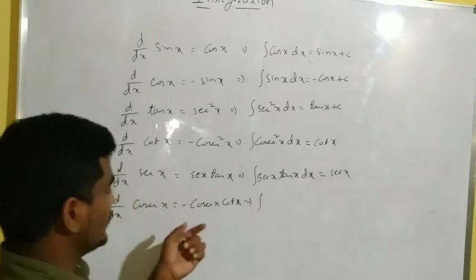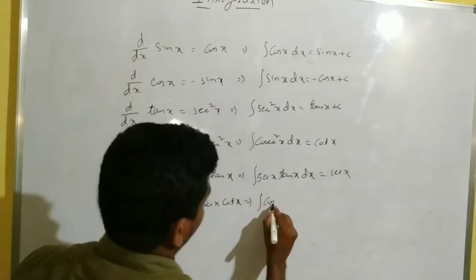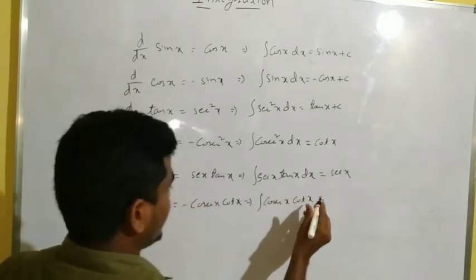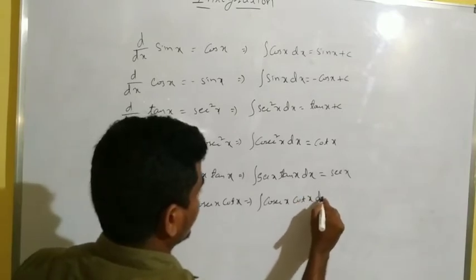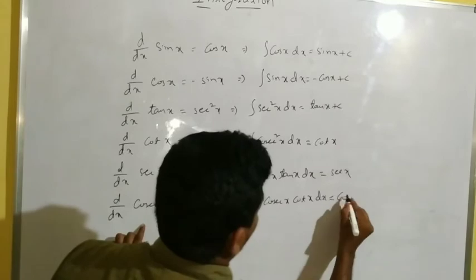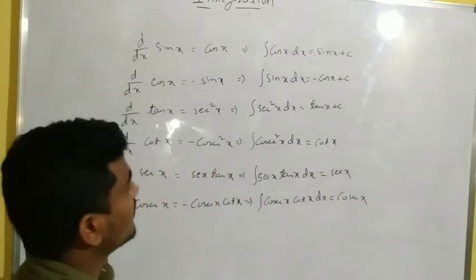And the integration of cosecant x cot x dx equals minus cosecant x. Okay, this is about the trigonometric functions.